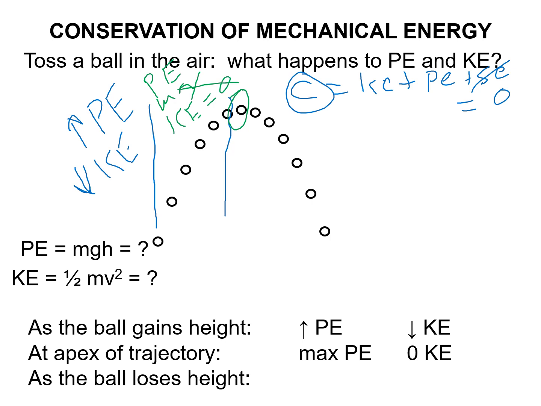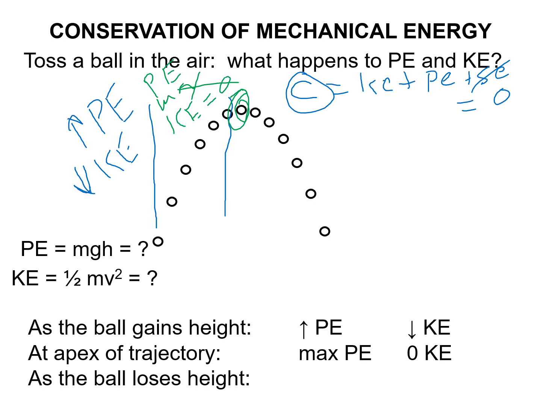This is because at this point, the ball is at the highest it will be, but at the height of its trajectory, it stops moving, if only for a thousandth or hundredth of a second, a split second. At that very point, it stops moving. So if its velocity is zero, kinetic energy is zero.